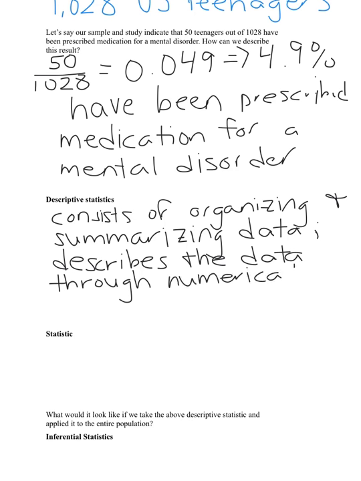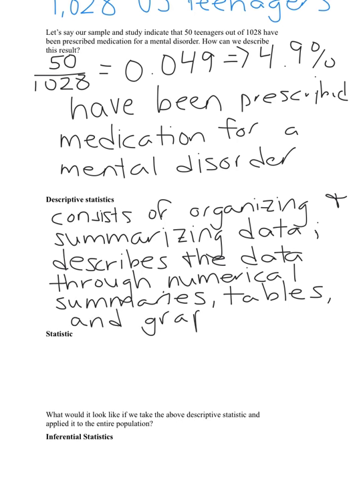That 4.9% is a numerical summary. And we'll see in later sections, we can also have tables, and we can also graph our results. All right, so that's going to be our descriptive statistics, and that's going to be the first chunk of this course.